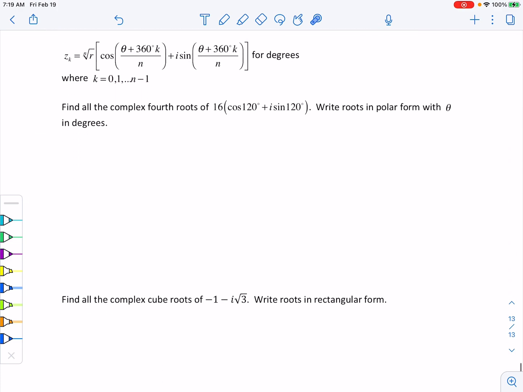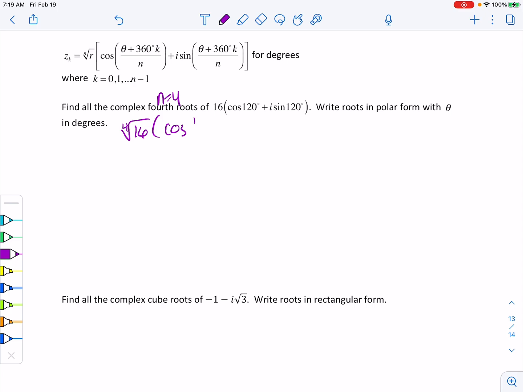So let's take an example. We want to find the complex fourth roots, so that means that n is 4 for this complex number that's in polar form. Write the roots in polar form with theta in degrees. Then here we want to take the fourth root of 16, which is the r value, and then we're going to do cosine. We're in degrees, so I'm going to be using this one right here.